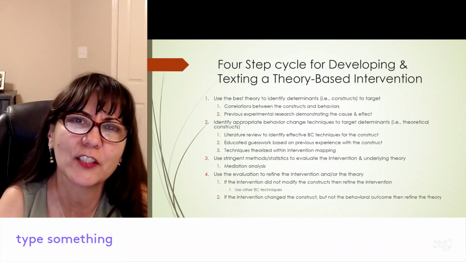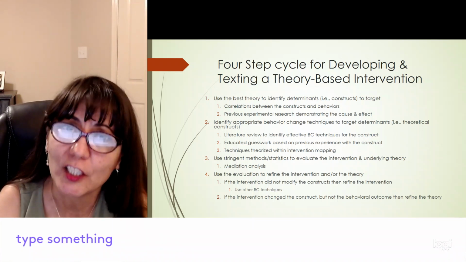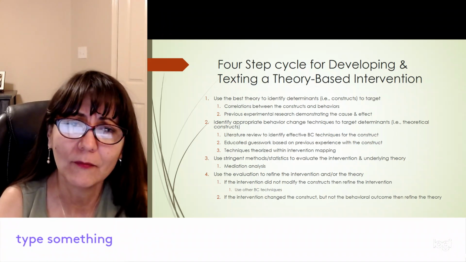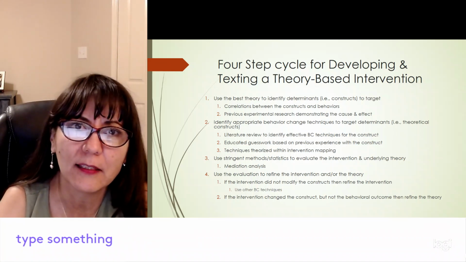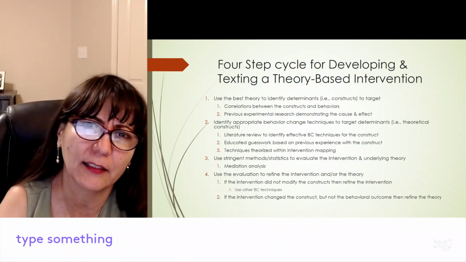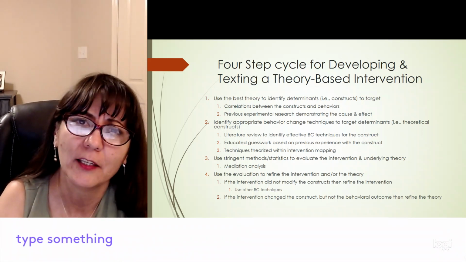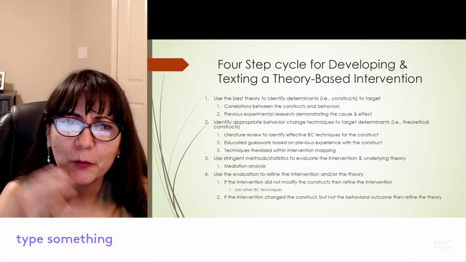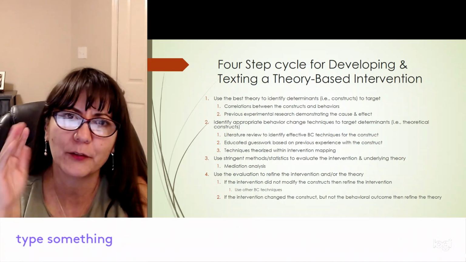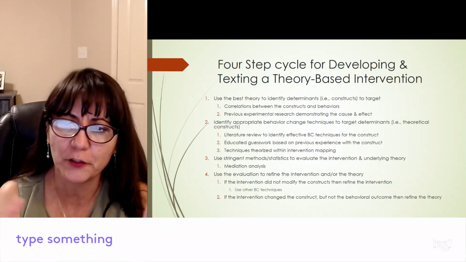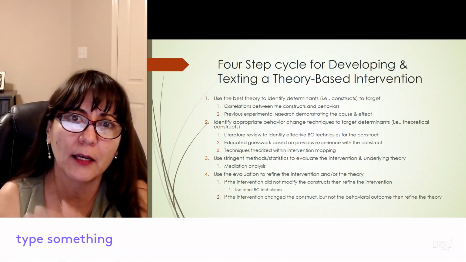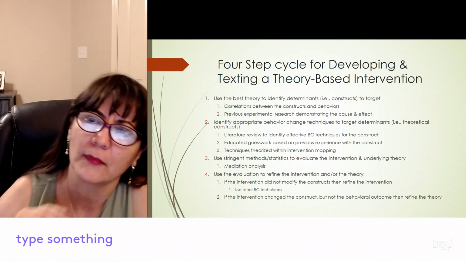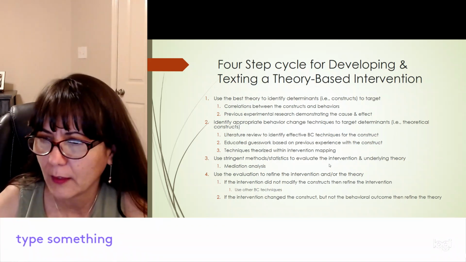And so maybe there's another determinant of that specific behavior that needs to be addressed. And maybe that's how you refine the theory, right? To identify that psychological determinant or a new construct that needs to be added to the other group to ensure successful behavior change.